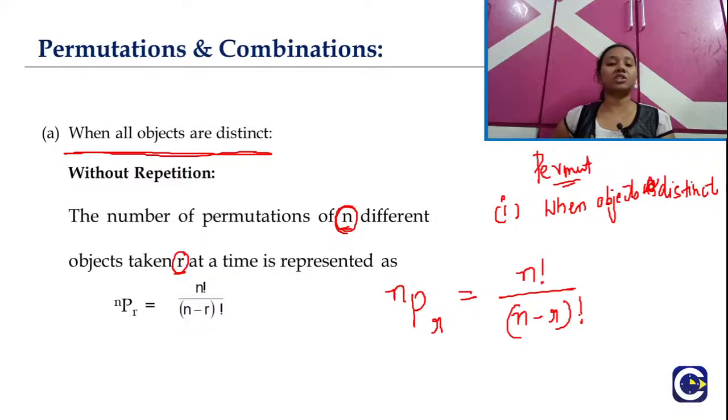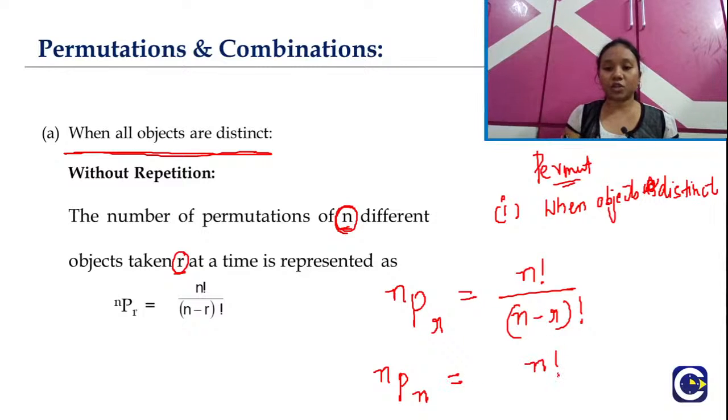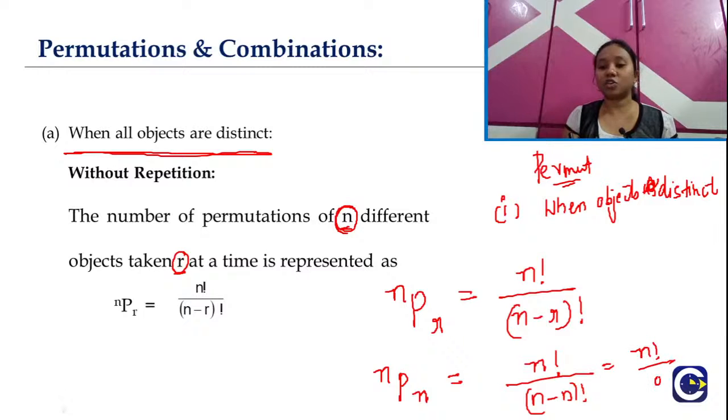So the number of permutations of n different objects taken r at a time is nPr. So what happens if we take all the n at a time? That means from the n different objects, if I take n at a time, then it will be nPn. nPn is nothing but n factorial divided by (n minus n) factorial. (n minus n) factorial is nothing but 0, so it will be n factorial by 0 factorial.